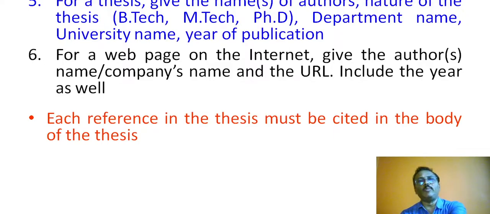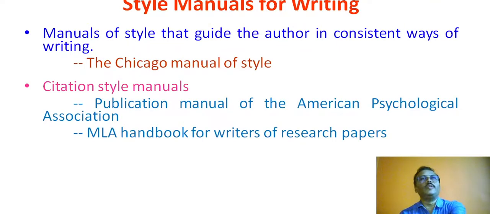References can be mentioned in alphabetical order or in the order of citation. Unless specified by the university, try to mention them in the order of citation. There are different style manuals which you can follow. The Chicago Manual of Style is there, and for citing, you can follow APA style.